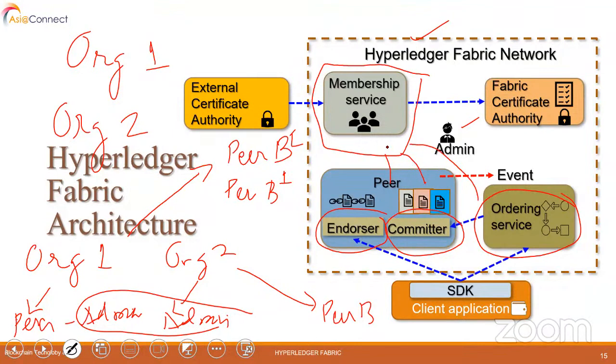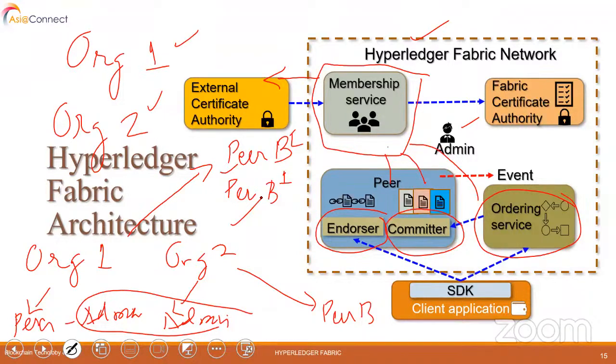This membership service may take help from an external certificate authority. For example, there are these two organizations, they will be certifying that they have these peers whom they are delegating. So, for example, I will be having my own identity card. That is an external certificate.